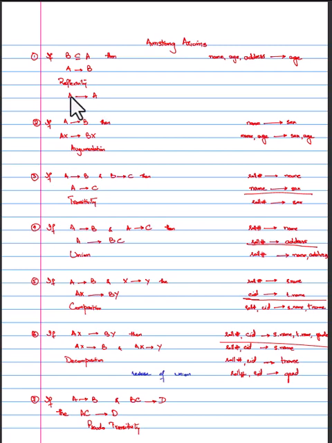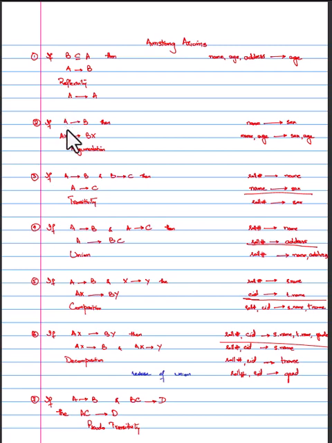For example, A will always identify A, B will always identify B. If we take the example of a student table and its attributes, student ID will always identify student ID, name will always identify name.